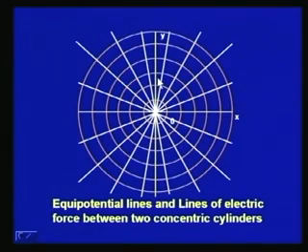In this figure you can see that the family of concentric circles are orthogonal to the family of straight lines, the lines of electric force. So we have equipotential lines and lines of electric force between two concentric cylinders. The two families intersect each other orthogonally. So they are orthogonal trajectories of each other.